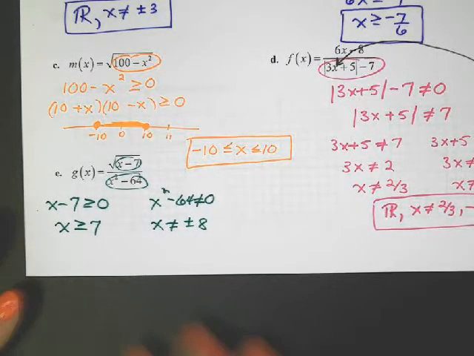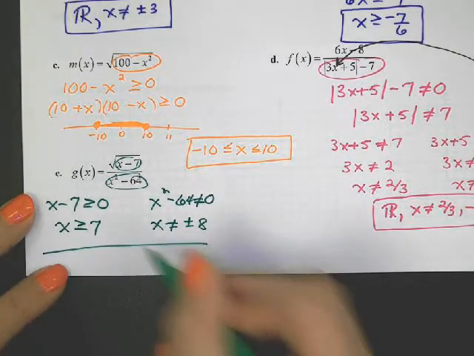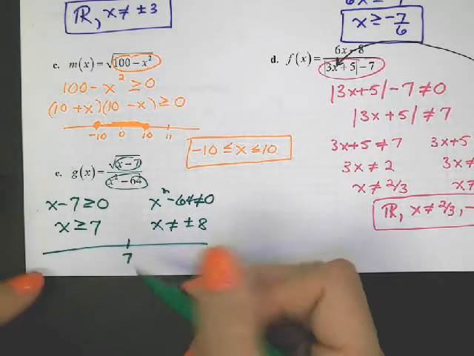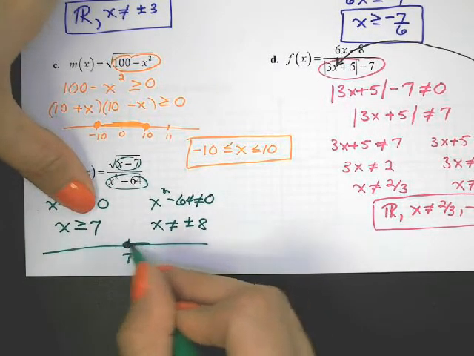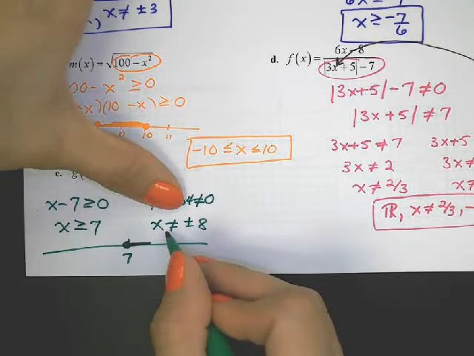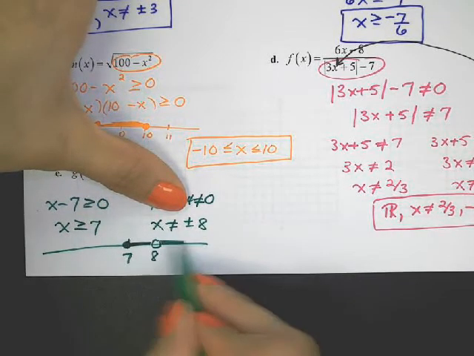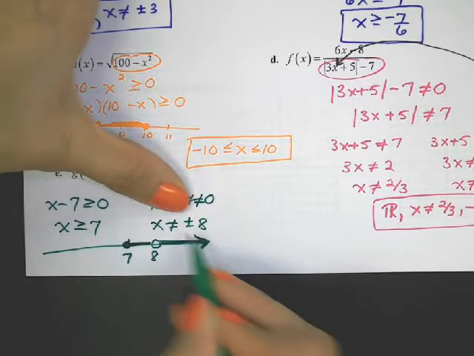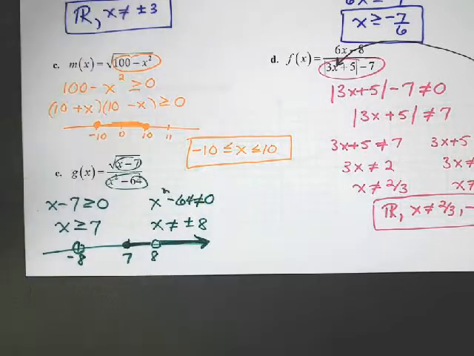And I don't want to be redundant, and I want to make sure I say everything. I think a picture would be a great thing to do here. So here's the number 7, and he says be equal to a 7 and go greater, greater, greater. But he does not want you to equal an 8. So 8 is going to be an open bubble. Greater, greater, greater. In fact, he does not want you to use negative 8 either. Okay, but don't worry.